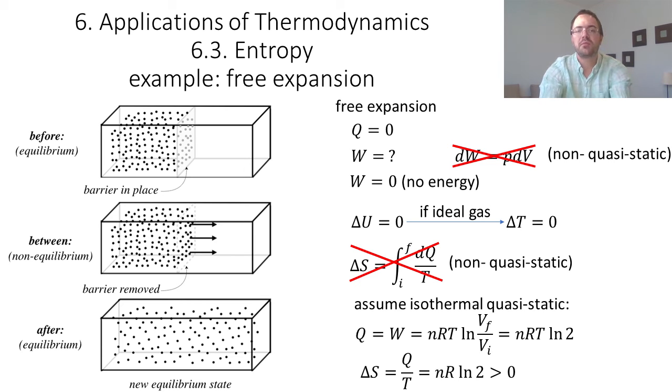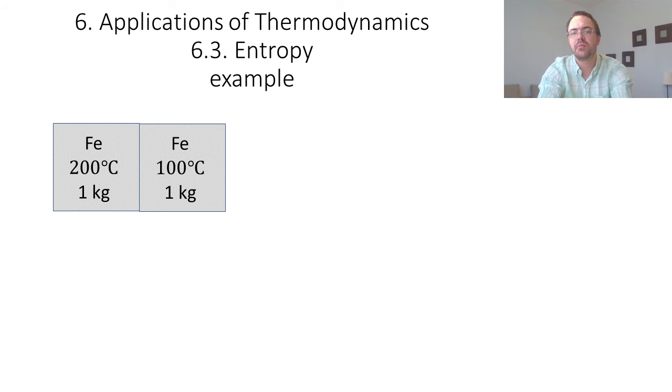Now finally, let's do one more example with, again, a non-quasi-static process. Let's say that you have two blocks of iron, both 1 kilogram, but one is at 200 degrees Celsius and another one at 100 degrees Celsius. You put them in contact.